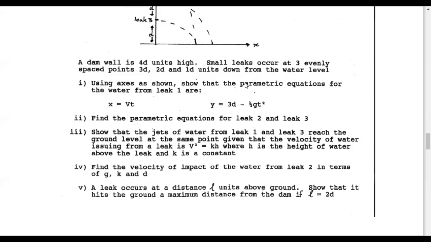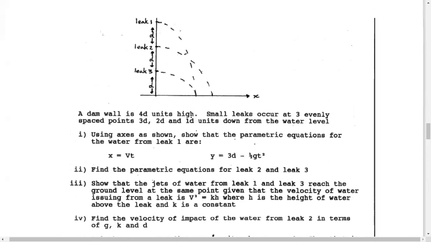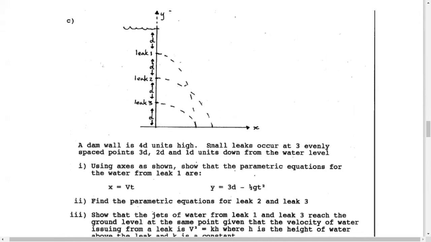The last part of this question asks about a leak that occurs at a distance L units above the ground, somewhere at L. Show that it hits the ground at a maximum distance from the dam if L equals 2d. So in other words, you want to find some leak somewhere, and find when the range is maximized.